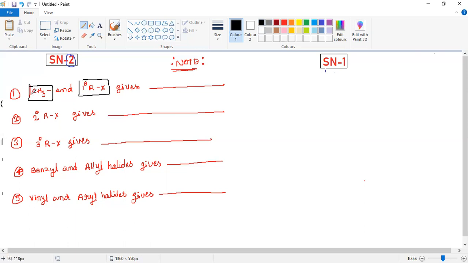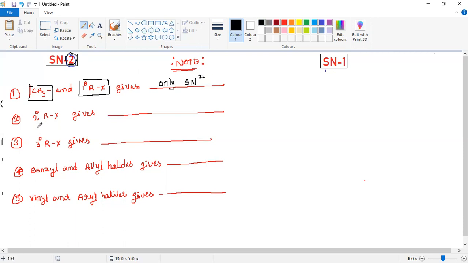So do methyl halide and primary alkyl halide give SN1 or SN2? The lower ones give only SN2.